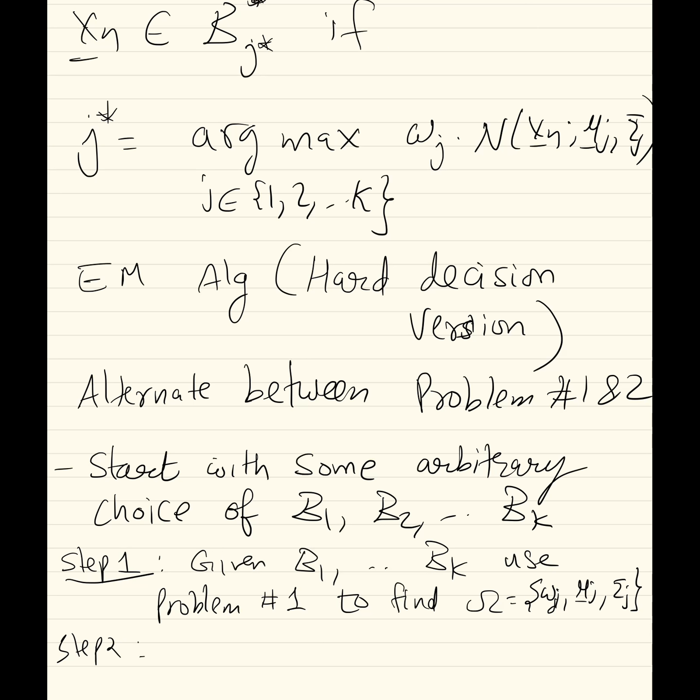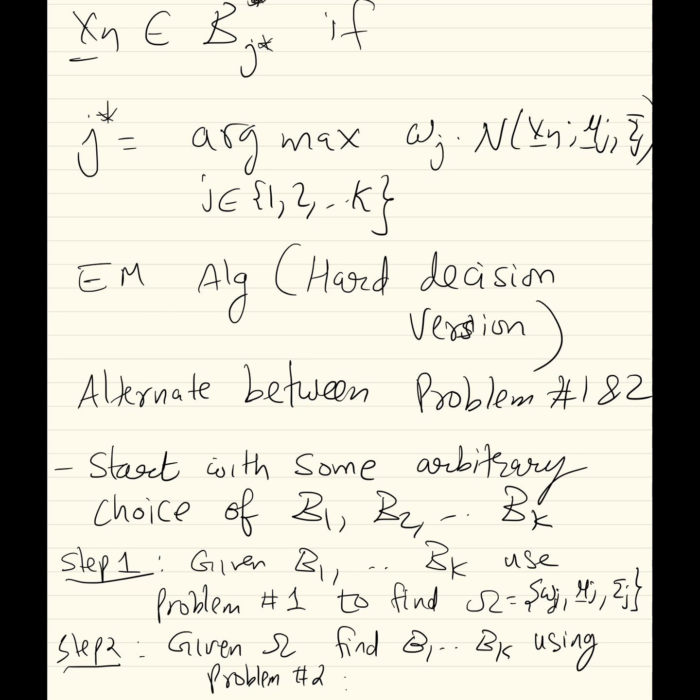Step 2 is, given omega, you find b1 to bk using problem number 2. And then you alternate between step 1 and 2 until you reach convergence, until the error stops increasing. That's the basic idea of the EM algorithm.